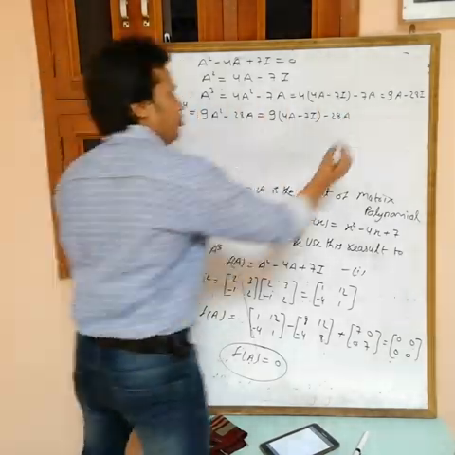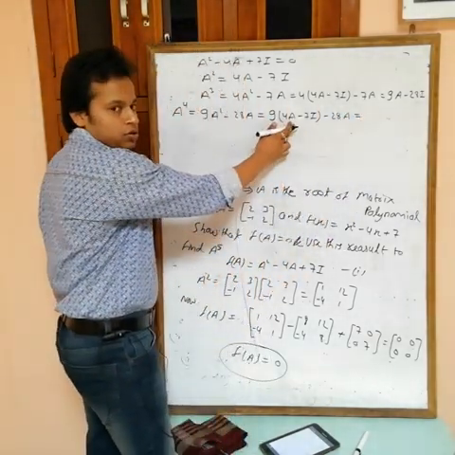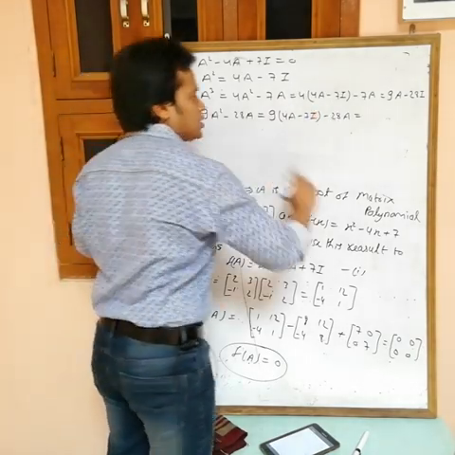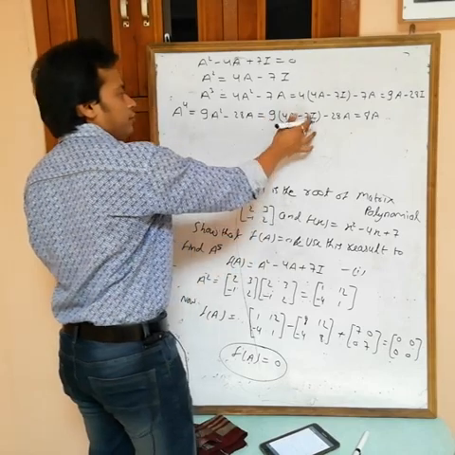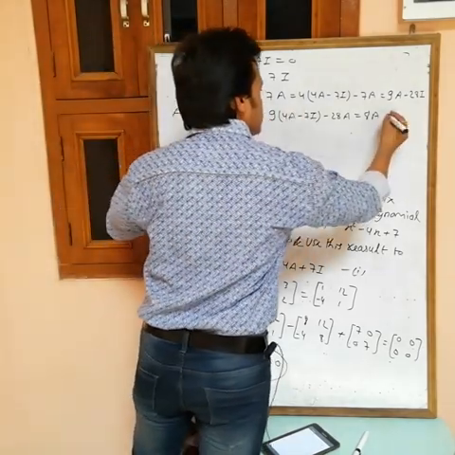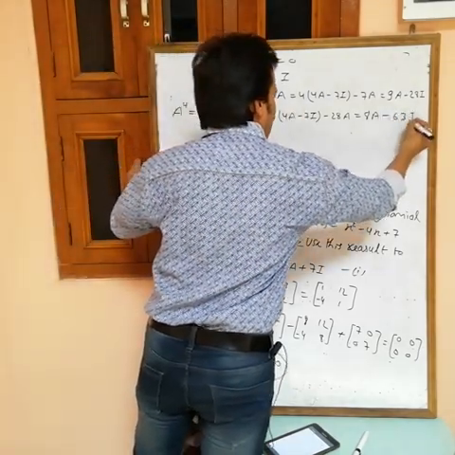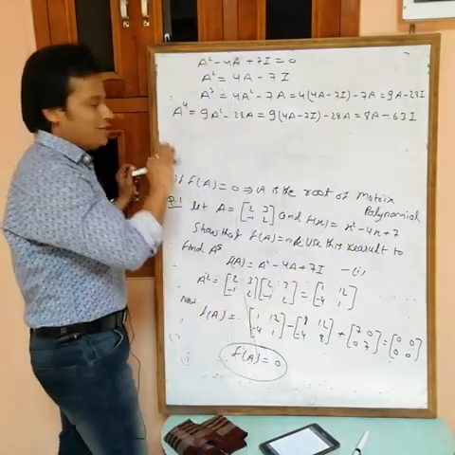Solving this, 36A minus 28A gives 8A, and 9 into 7 is 63, so minus 63I. This is the value of A to the power 4.